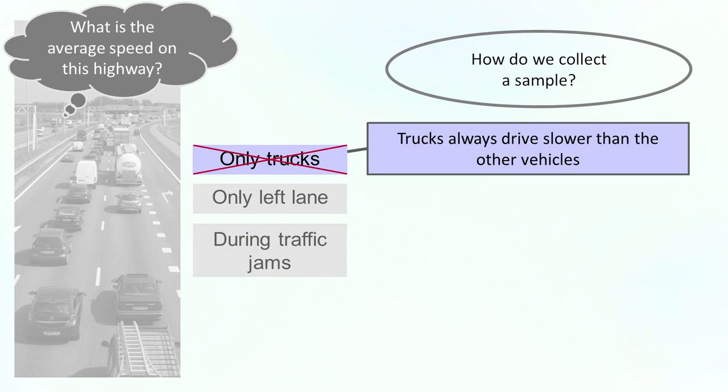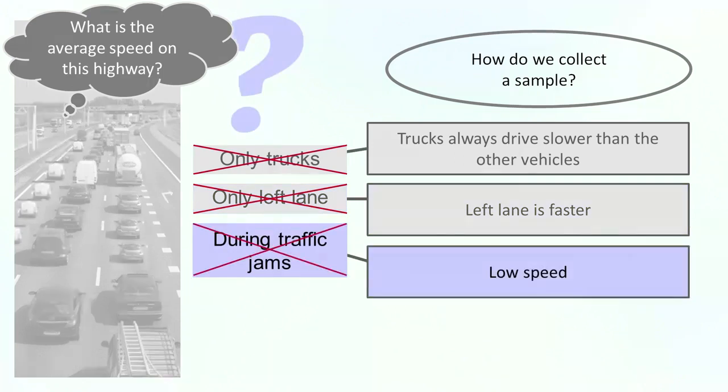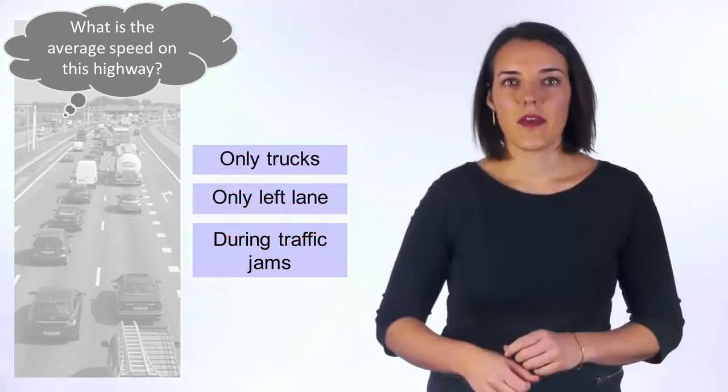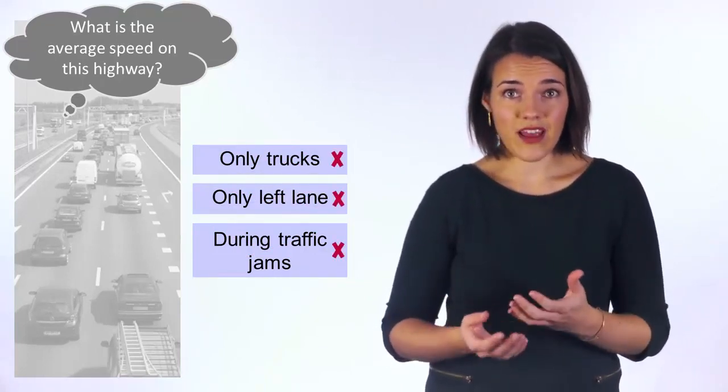Why is measuring all the cars on the left lane not a good idea? Because these vehicles will drive faster than all the cars on the other lanes. Also, measuring during traffic hours, the cars will drive slower than normally, so you will get an average speed that will be lower than the average on the whole day. So all these sampling strategies are not independent of the question asked.